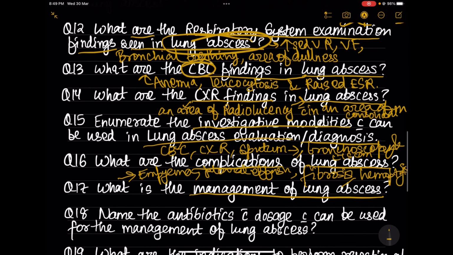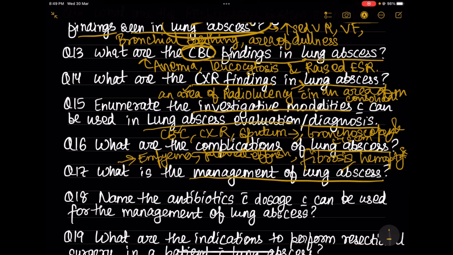Management of lung abscess basically includes postural drainage and physiotherapy. Then we can also give antibiotics. Then in case of large abscess, we do the percutaneous aspiration of the abscess, and we do the placement of pigtail catheters.